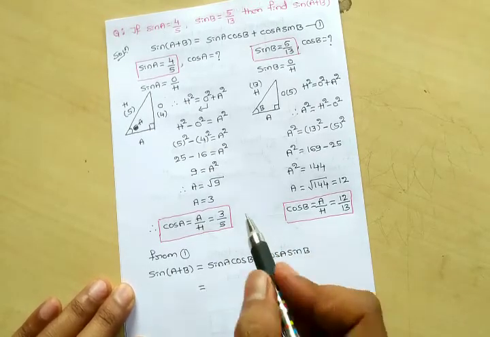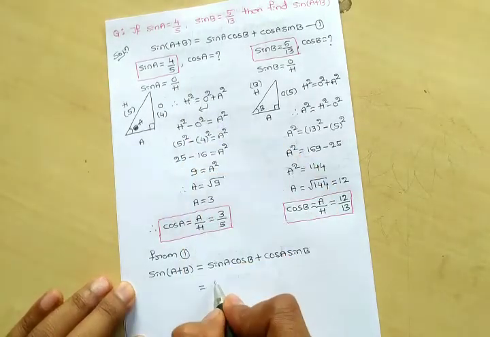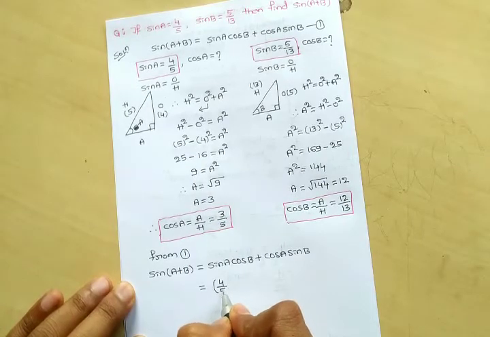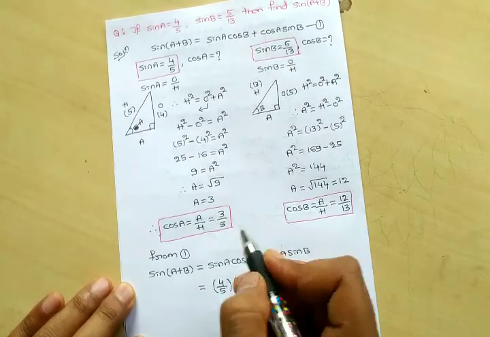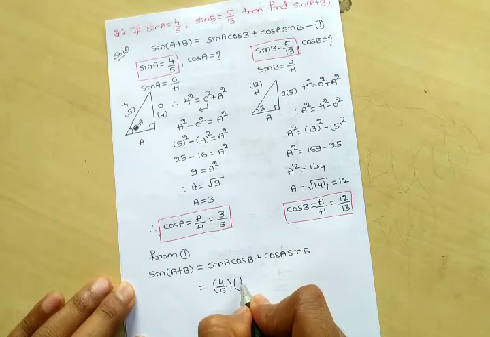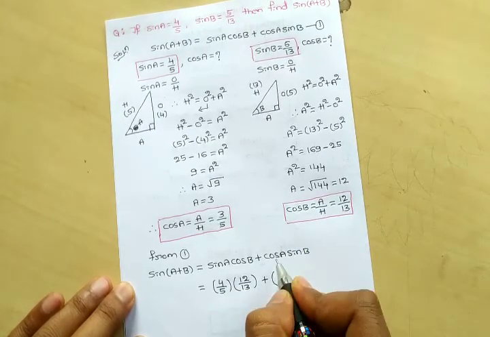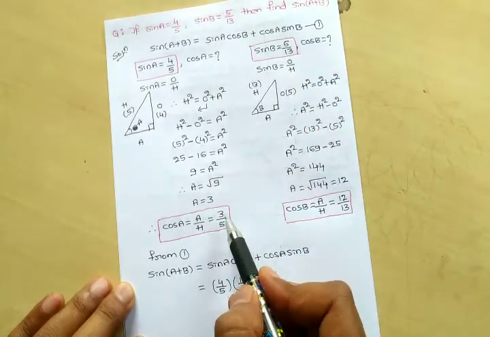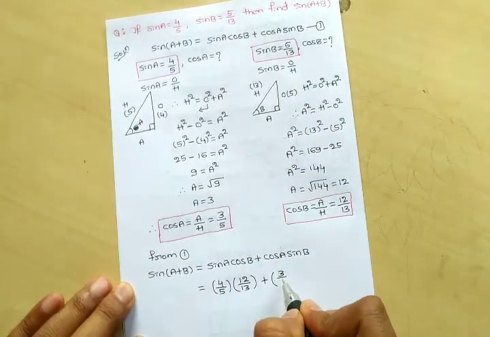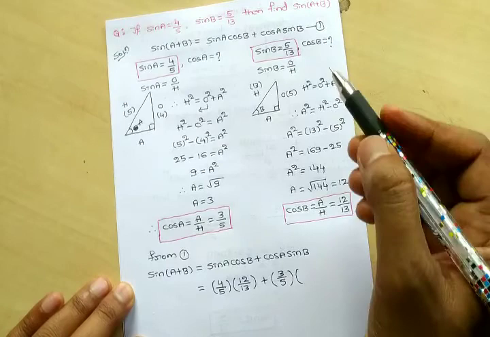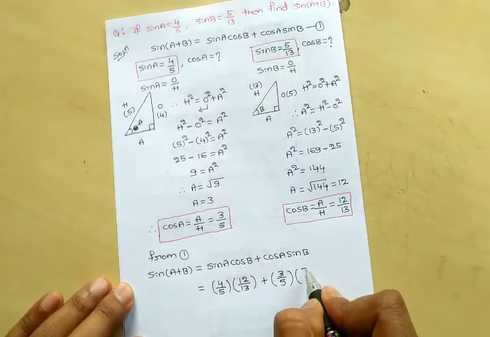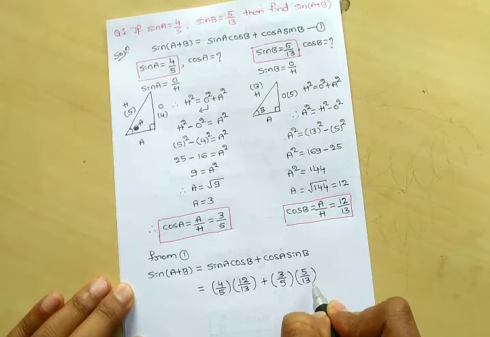Substitute. Sine A is 4 divided by 5, into cos B. Cos B is 12 divided by 13, plus cos A. Cos A is 3 divided by 5, into sine B. Sine B is 5 divided by 13.